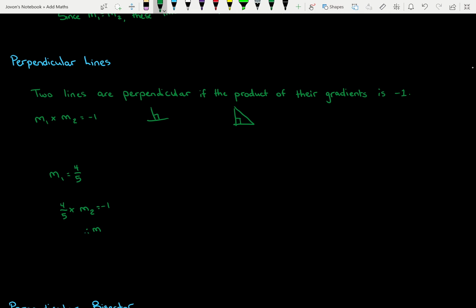Therefore, m2 would be equal to -1 divided by 4/5, which is equal to -5/4. So this is how you find whether two lines are perpendicular and how to determine the perpendicular line if you know the gradient of one line. Again, m1 multiplied by m2 is equal to -1, where m1 is the gradient of one line and m2 is the gradient of the other line. If m1 multiplied by m2 is not -1, this means that the lines are not perpendicular.